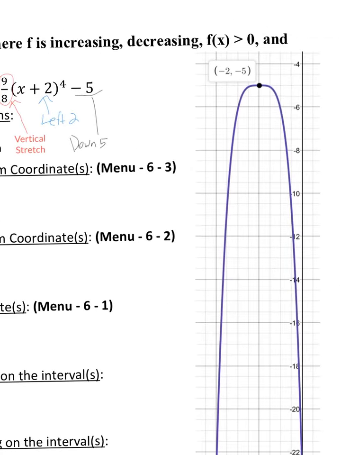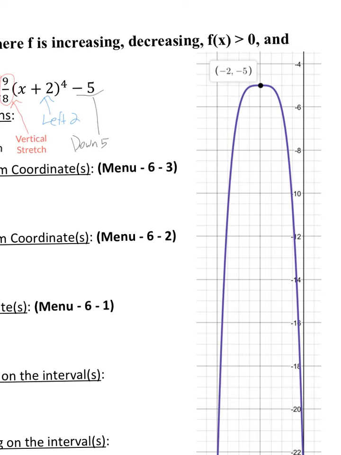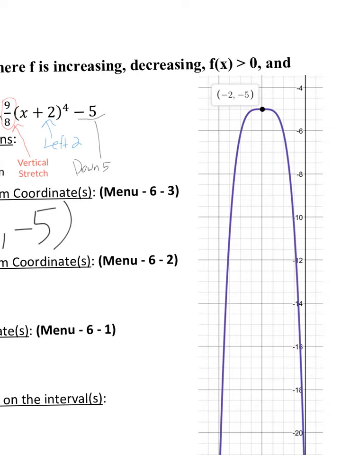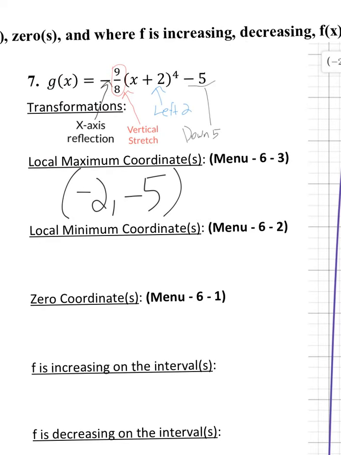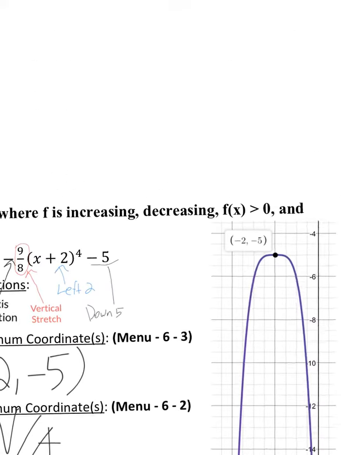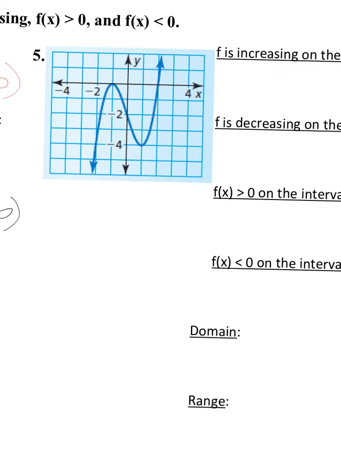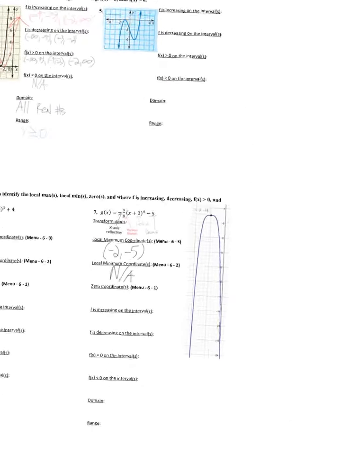So the local max is that -2, -5. That's technically I guess the vertex. But then there's no local min because it doesn't curve. It doesn't curve like this, where this one has a local max and a local min. You see what I mean?